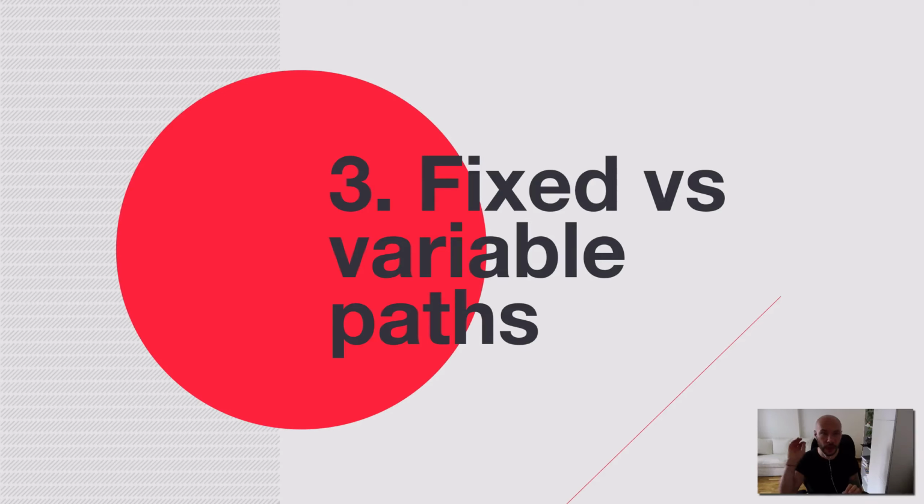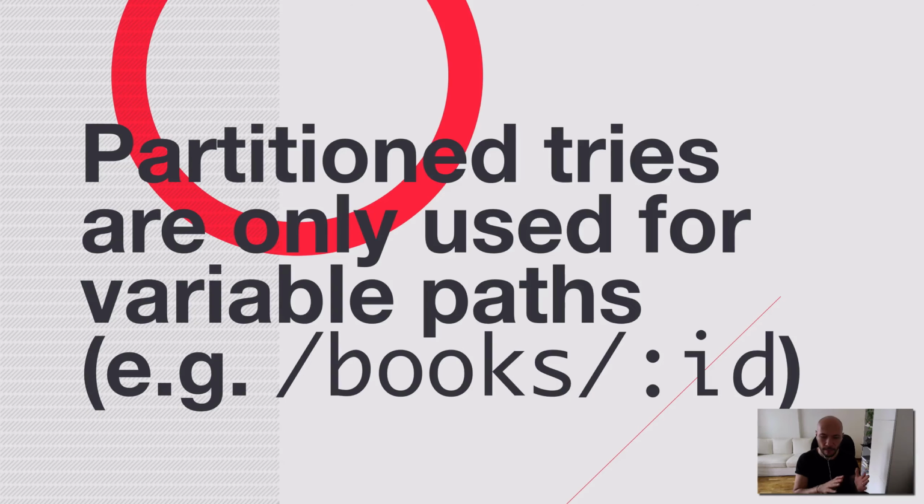That means constant time to look up a specific element. So we have fixed and variable paths, what are they? Let's start with fixed. Fixed is a string that starts with a slash and a word, okay? And it can contain multiple slashes for nested paths, but it's just as it is.